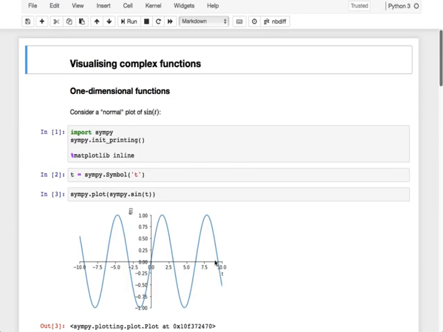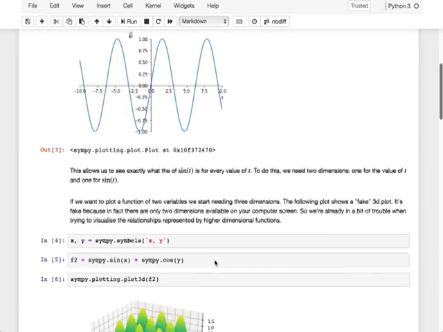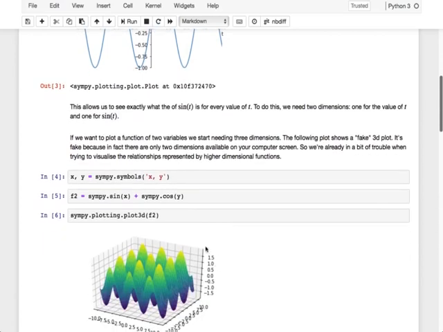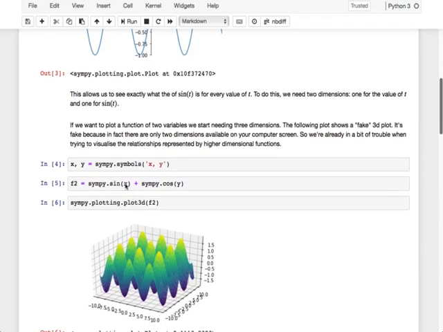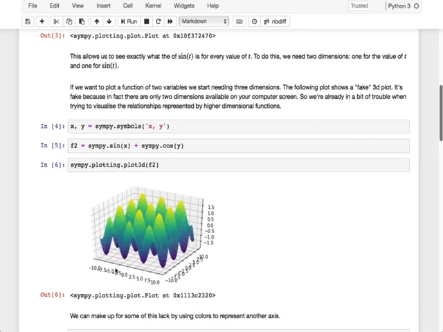It gets a little bit more challenging when we have more than one dimension in the input or output, but we can still kind of deal with that. So here we have a scalar function of two input variables. We have an x and a y, and it's possible for us to plot that on a three-dimensional chart.